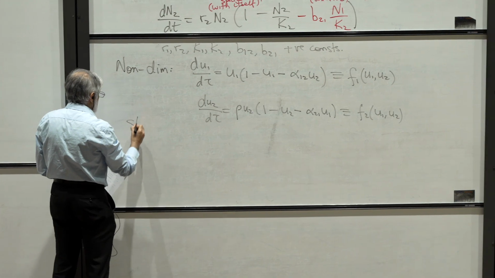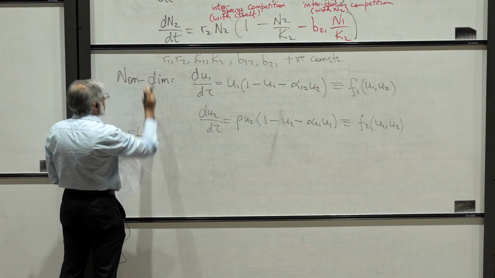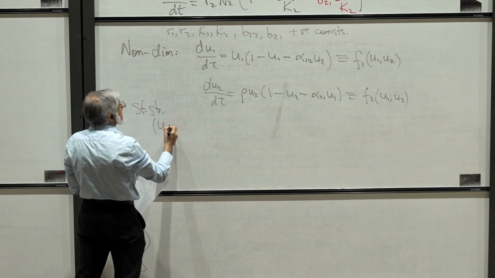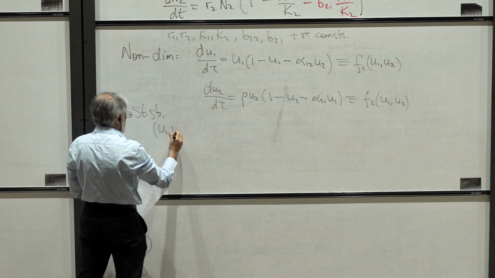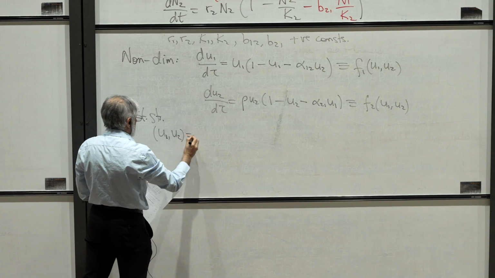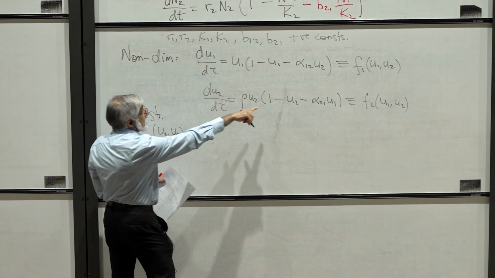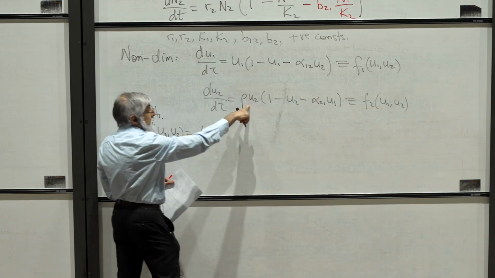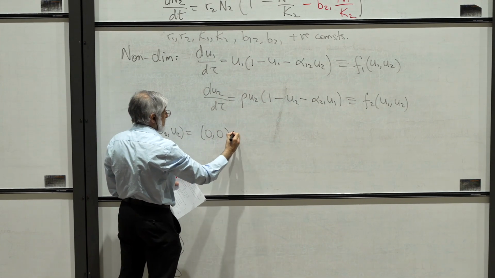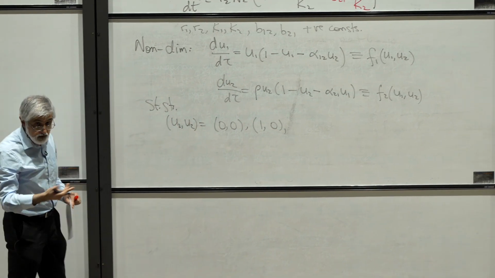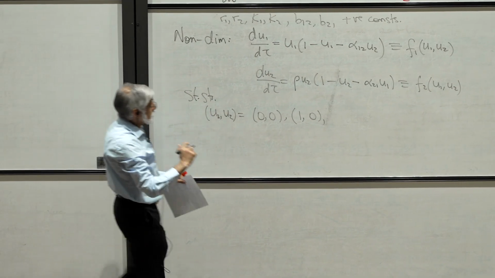Steady states. I leave you to do this, to check. u1 could be 0, and if u1 is 0, then u2 could be 0 or 1. Likewise the other way around, if u2 is 0, u1 could be 0 or 1.